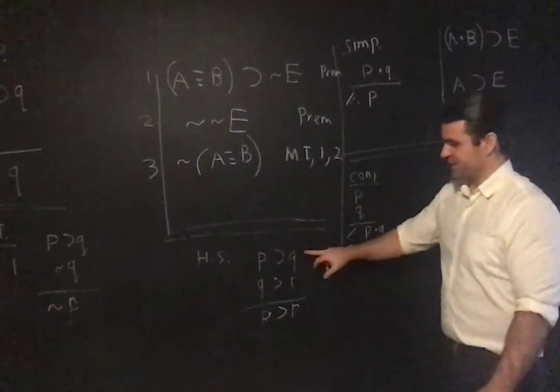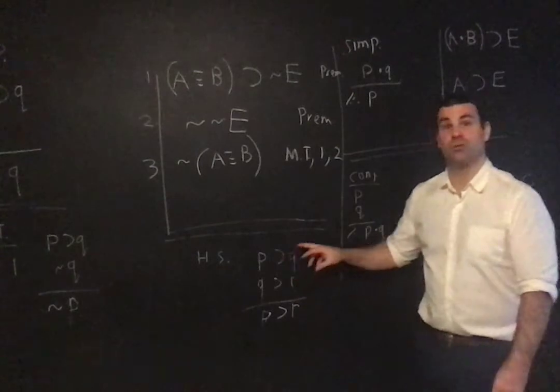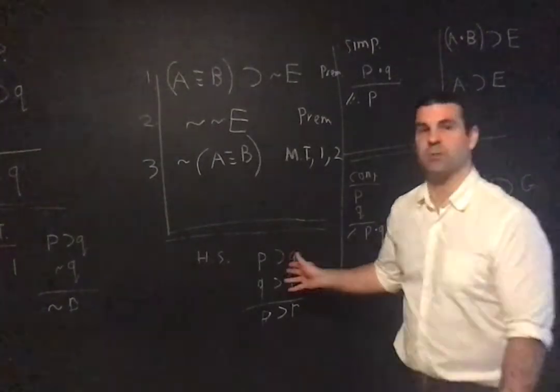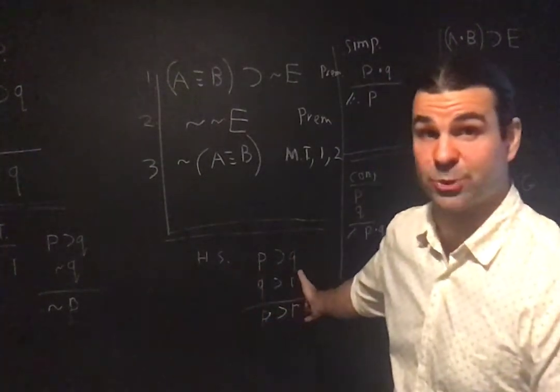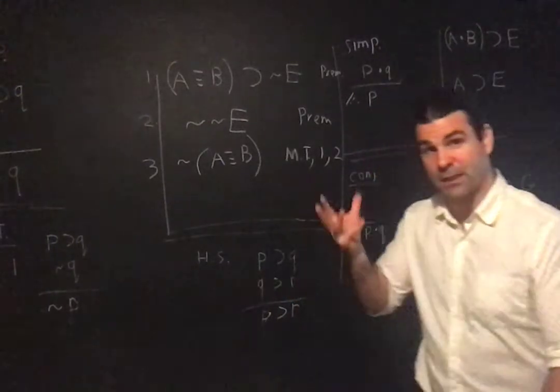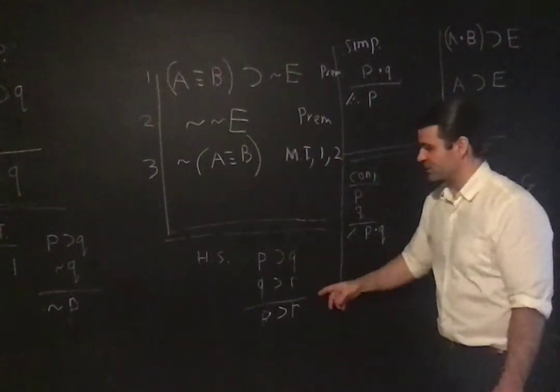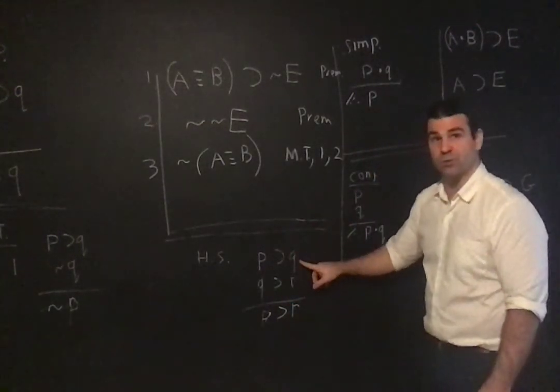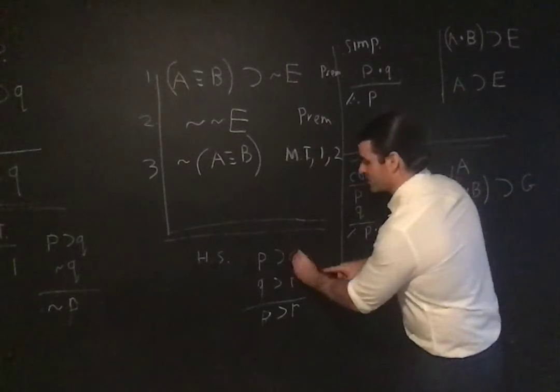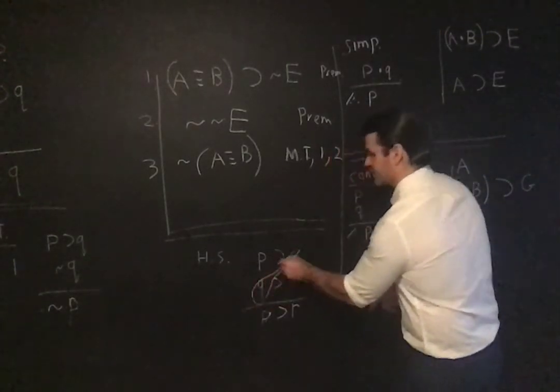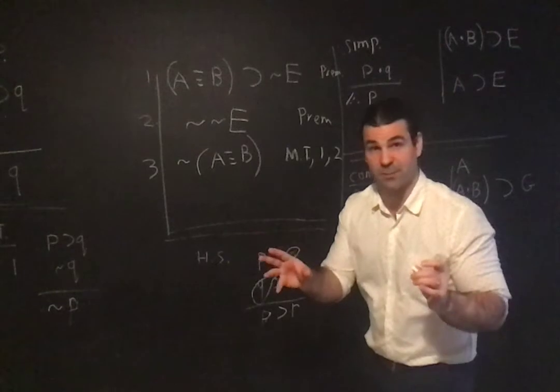That's all it is. Now, I'm just making a remark about what you should highlight in your thinking with regard to hypothetical syllogism. Given two conditionals where the consequent of the first is the antecedent of the second, it states the conditions for the application of the rule.